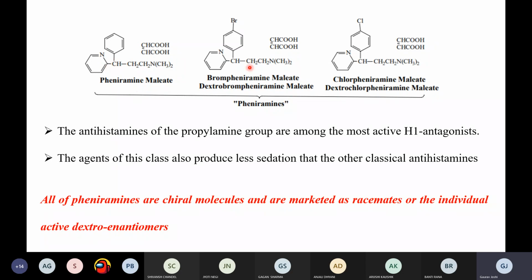You can check any molecule, for example bromopheniramine. This is a different group, this is a different group, this is a different group, and here we have a hydrogen, so again this is a chiral center. For example, here we have a chlorobenzene, a pyridine ring, a hydrogen, and this linker, so all the substitutions are different. So all the molecules belonging to the pheniramine category are chiral, right?